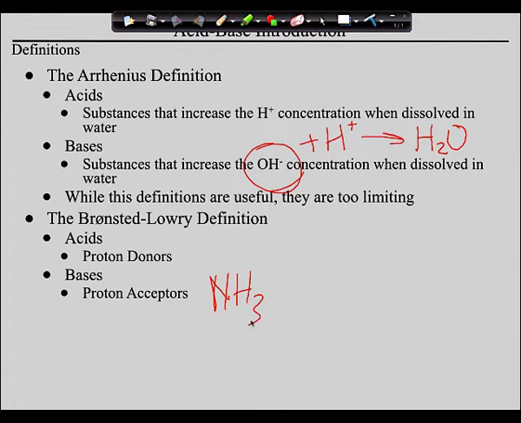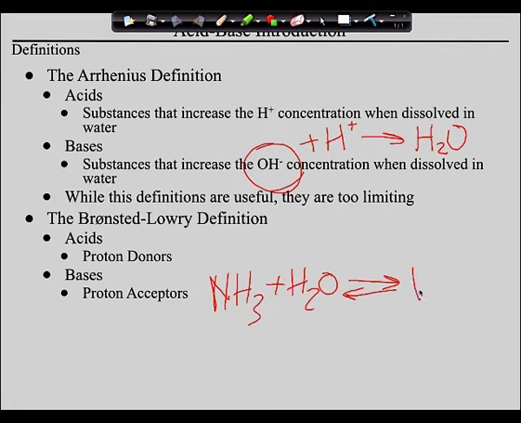Well, guys, look at what happens. Ammonia goes into water. And this is an equilibrium process. It's not a strong base. But guys, I just told you that ammonia is a base. So guys, given the Bronsted-Lowry definition, if ammonia is a base, what's it going to do? Accept a proton. And where does that proton come from? The water.